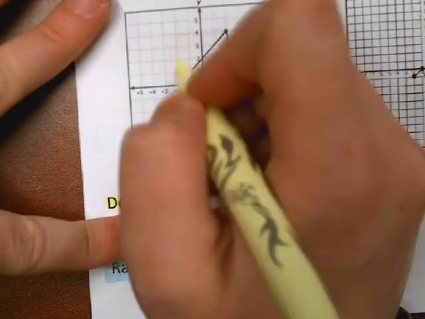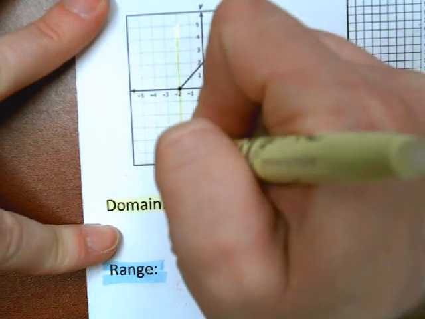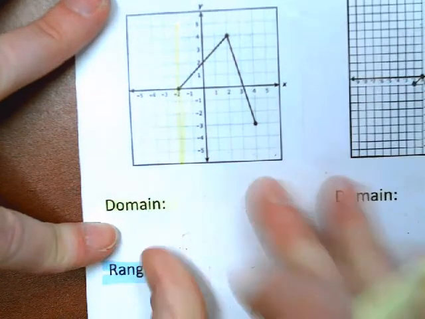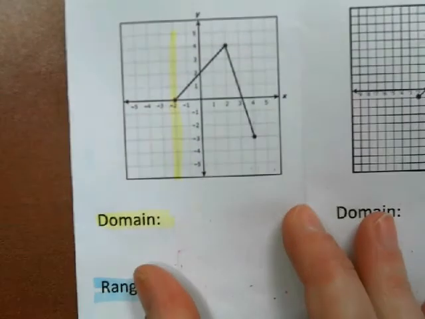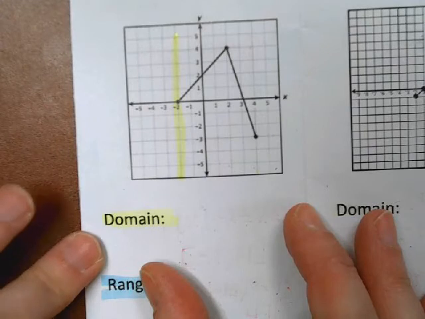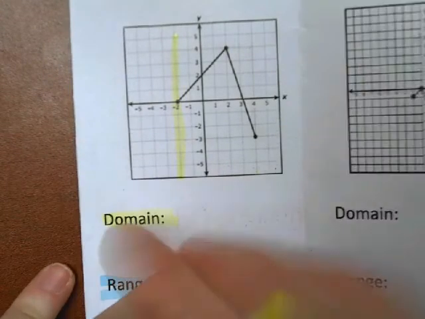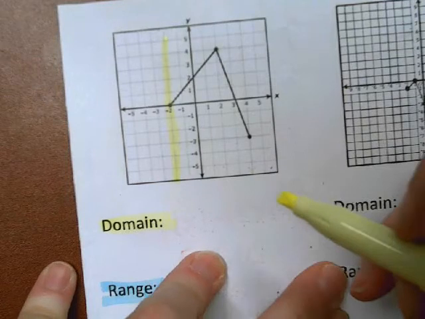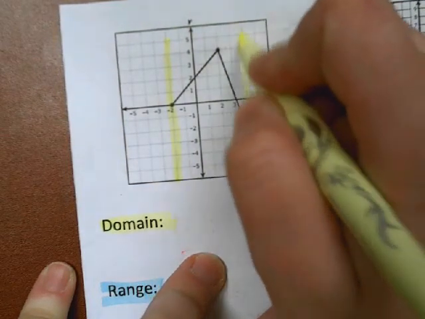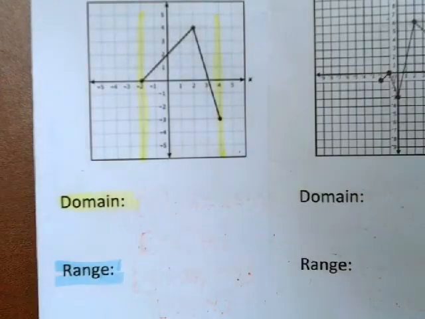So for the x values, for the domain, it ends right here, correct? That's the furthest spot it is in the x direction. And what's the furthest it's going to go when I go off to the right? 4. A 4 right here. All right, so that's the boundary in the x direction.